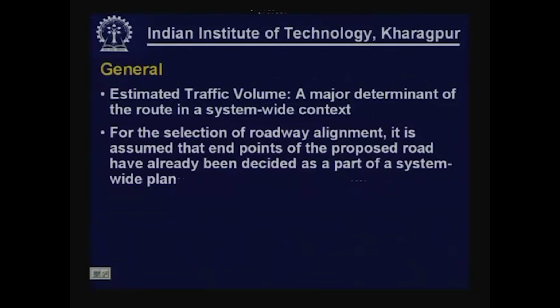Try to understand that estimated traffic volume is a major determinant of the route in a system-wide context. That means, when we are talking about roadway alignment, from the demand point of view, it has already been established that these 2 points are to be connected.